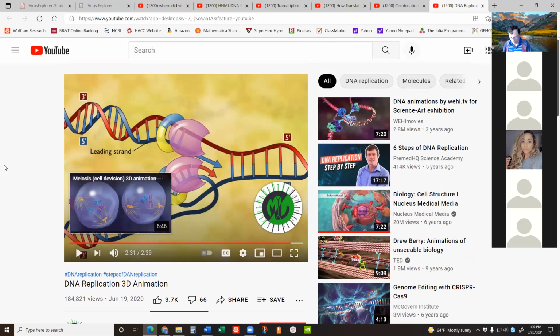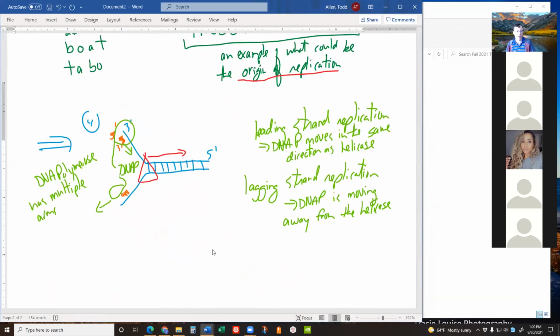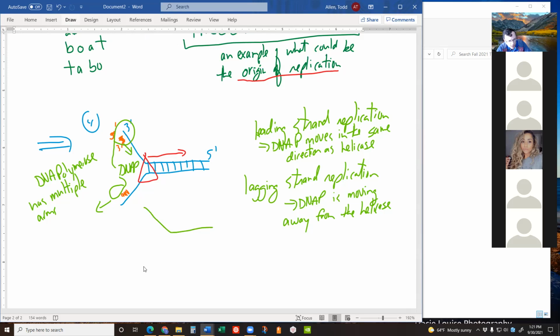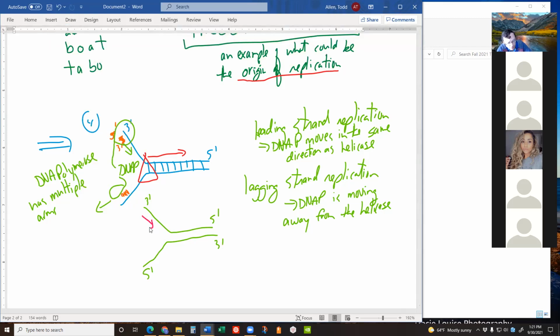Well, it is part of the process, and it may seem like it's all over the place, but there is a logic to it. Remember this: the two strands of DNA, and I know this is getting very busy here, are running in opposite directions. So this is 3', 5', 3', 5'. DNA polymerase on the top strand can move this way naturally.